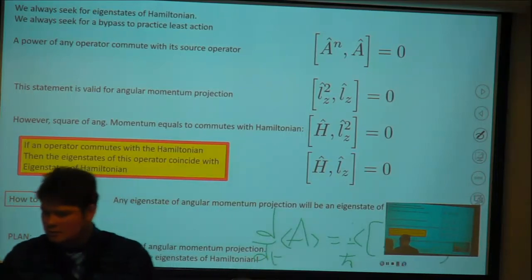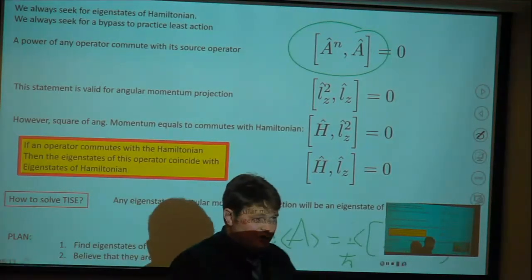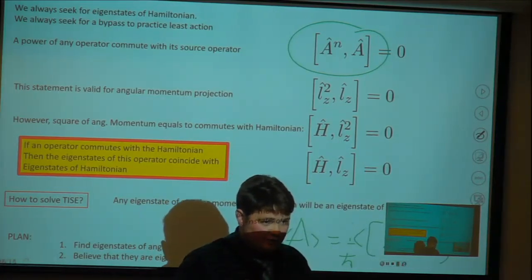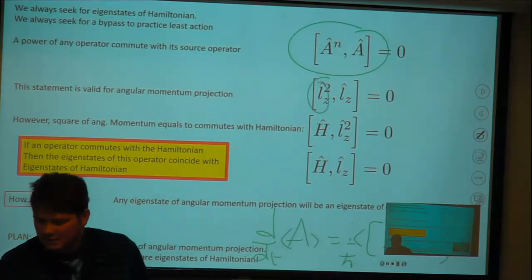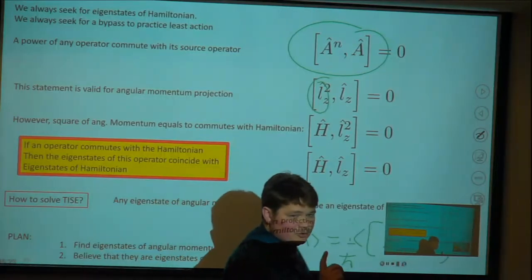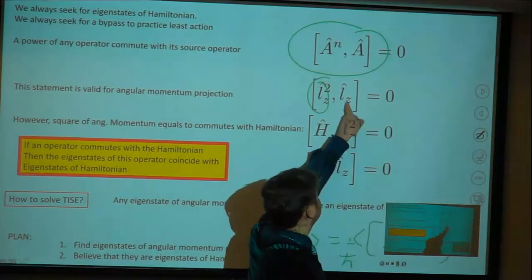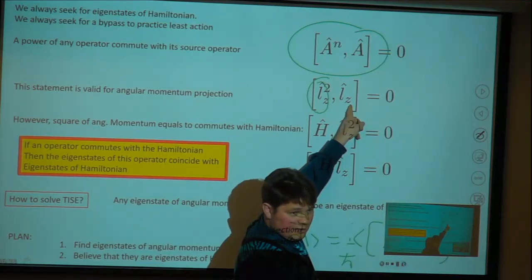So what do we need to know about commutation? An operator commutes with itself, and any power of an operator commutes with the original operator. Our Hamiltonian here is the z projection of angular momentum squared, right? Therefore, it will commute with the operator of this angular momentum projection in the first power.